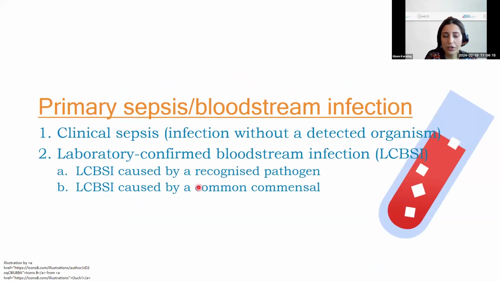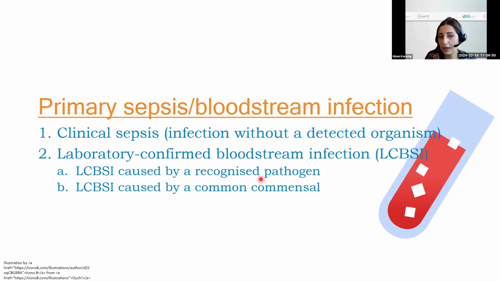I would like to start with the definition criteria of primary sepsis and bloodstream infections. It's divided in two in our system. We collect data both on clinical sepsis, in which we don't have a detected organism in the patient, and laboratory-confirmed bloodstream infections, which are sepsis cases where we have an organism isolated either from blood or cerebrospinal fluid. Also, laboratory-confirmed bloodstream infection is divided in two, depending on the organism isolated.